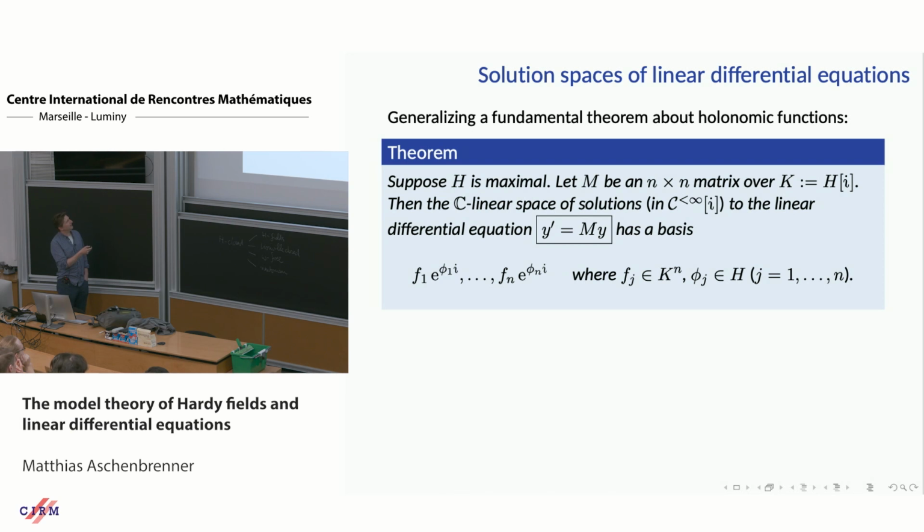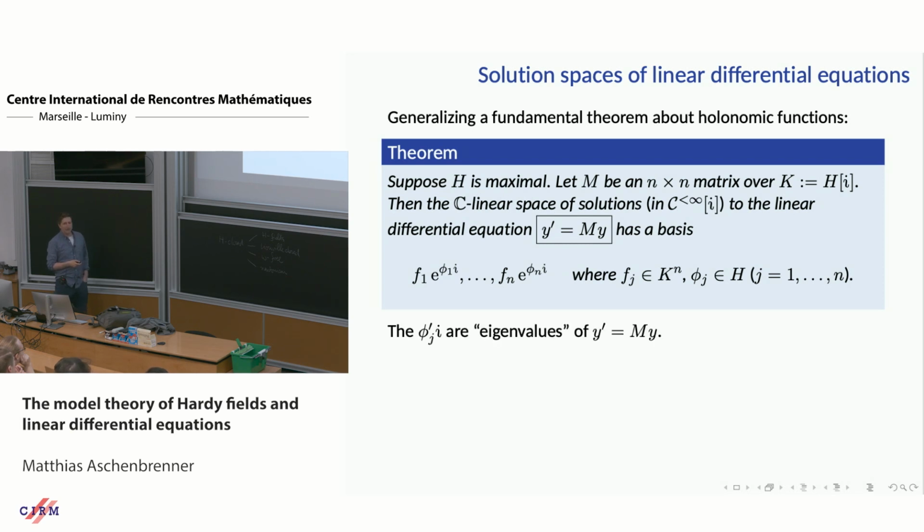This generalizes a fundamental theorem about so-called holonomic functions. That's a special case where K is just the rational functions in x over the complex numbers. So there's a similar kind of description, and this is a generalization of that.